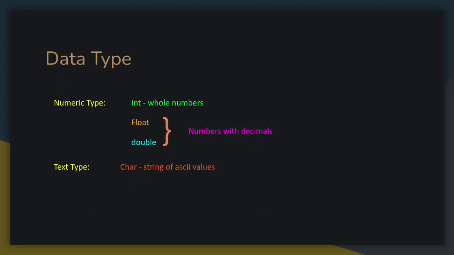Now, ASCII values, right? Every character, whether it's an equal sign or an and sign, has a value assigned to it. So those are ASCII values. We'll discuss in future tutorials what an ASCII table is, because we will get to a point where we are comparing two characters. When you're comparing two characters, you can't really say A is greater than B or B is greater than A, right?